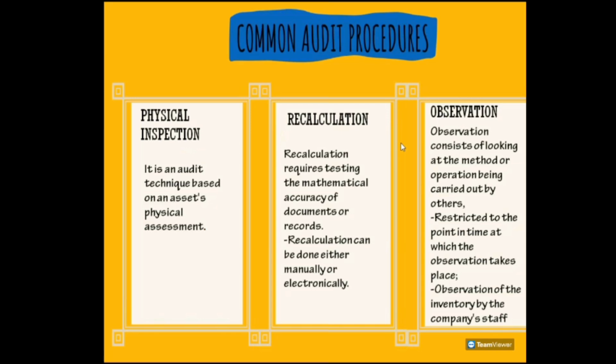However, observation provides evidence that is limited to the point in time when it takes place, and by the fact that being observed may influence how the process or procedure is performed on such occasion. For example, the auditor's attendance at the inventory counting by the entity staff and observing the performance of control activities.